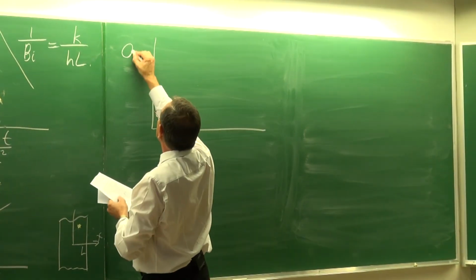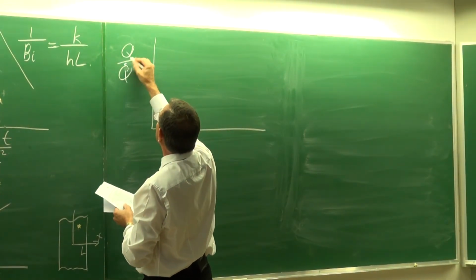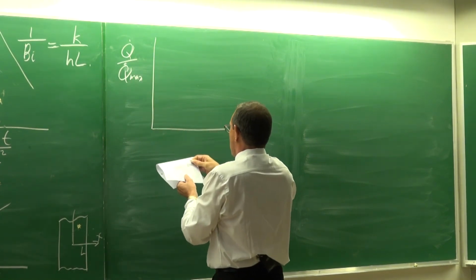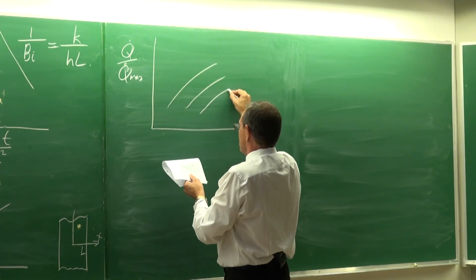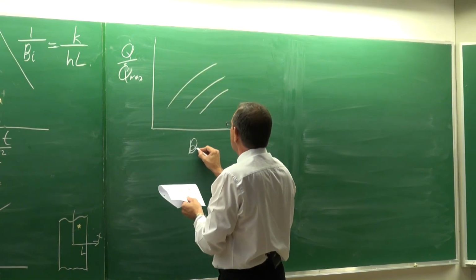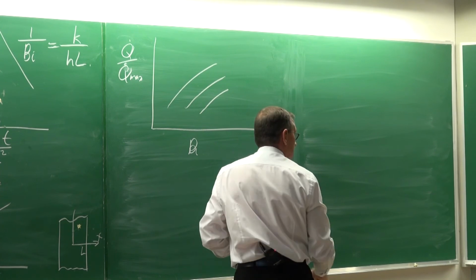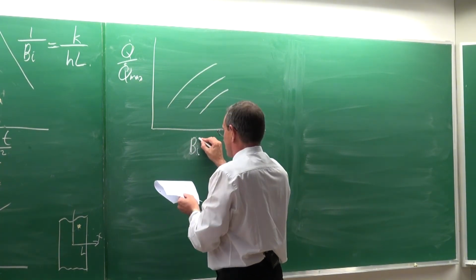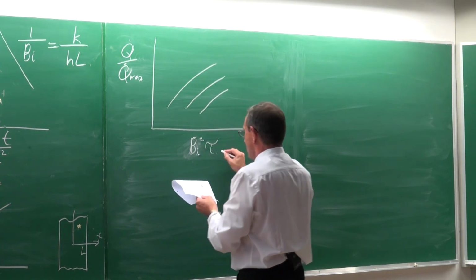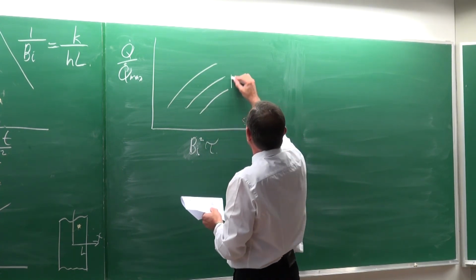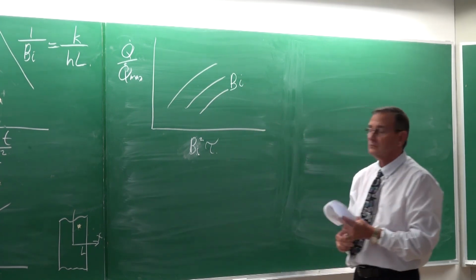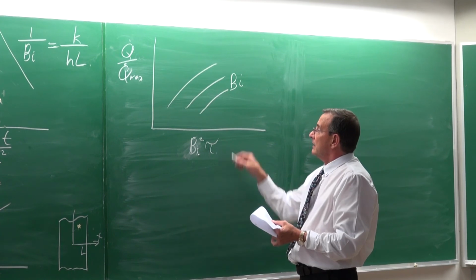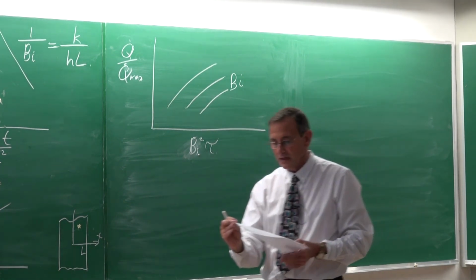It gives Q, the heat transfer rate divided by Q max. And something like that. Here we've got the Biot number squared multiplied by tau. And here we've got the Biot number. And again, it is very easy to do the calculation.